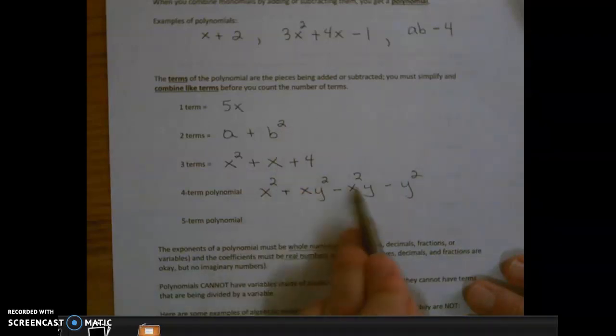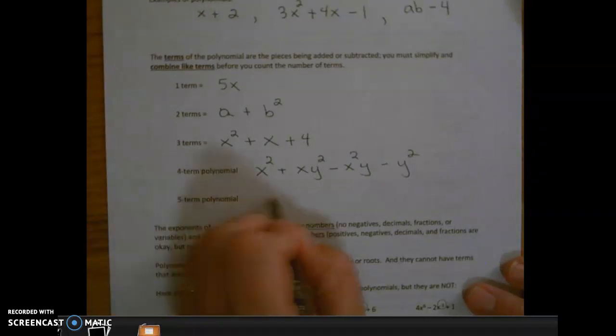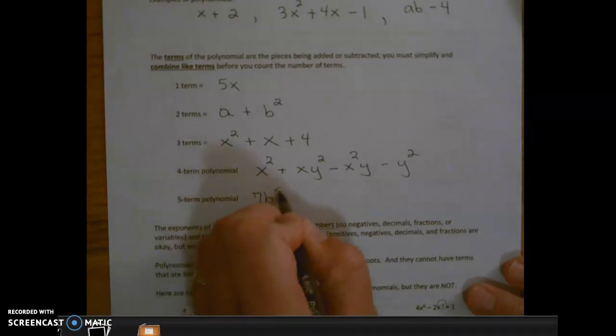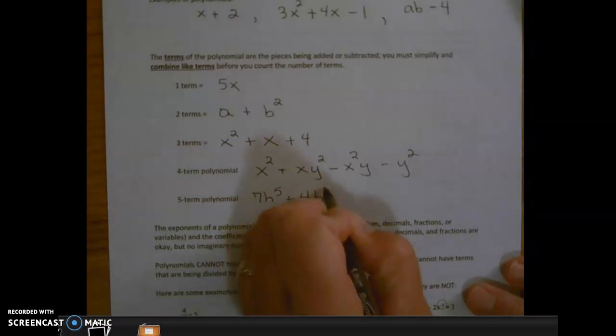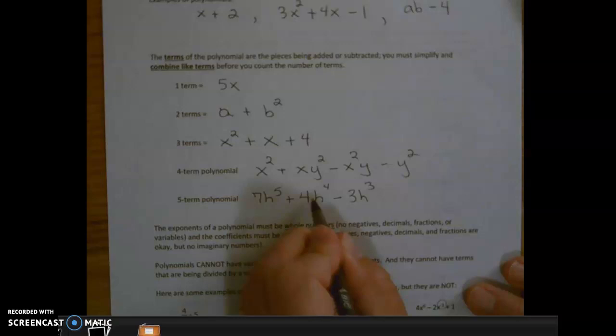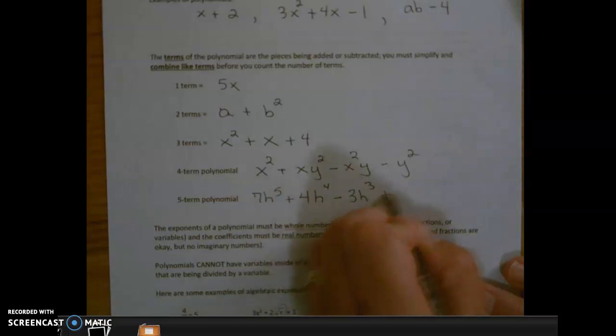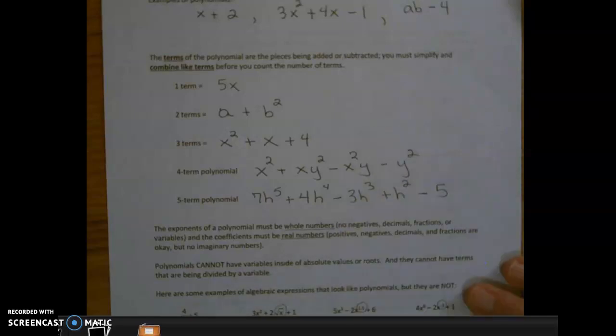Notice we have 1, 2, 3, 4 terms. And we have a five-term polynomial. That's 1, 2, 3, 4, 5. Five terms.